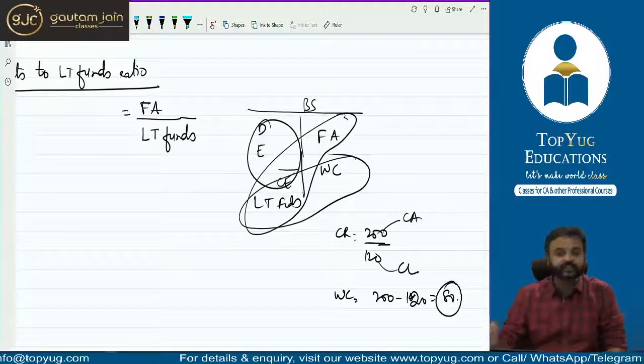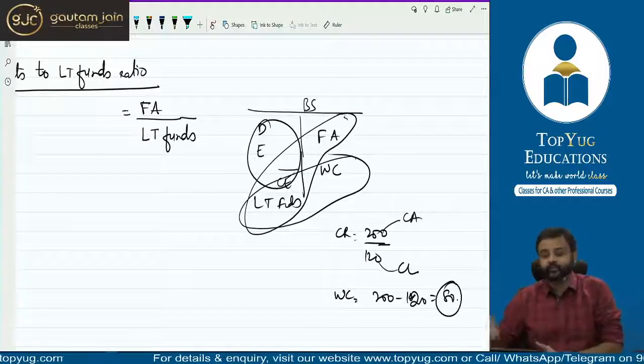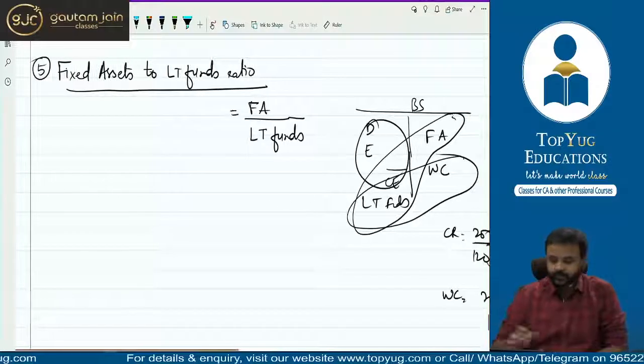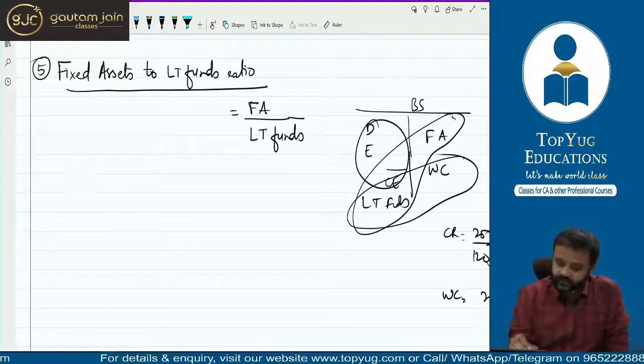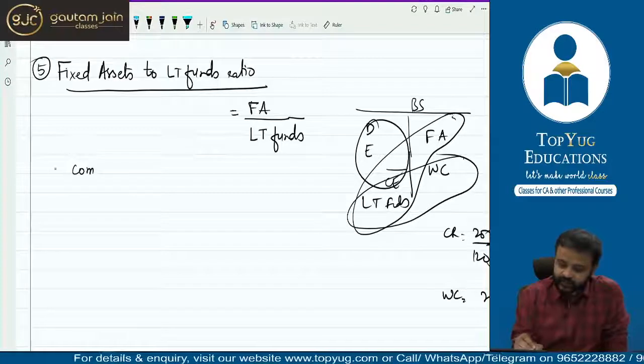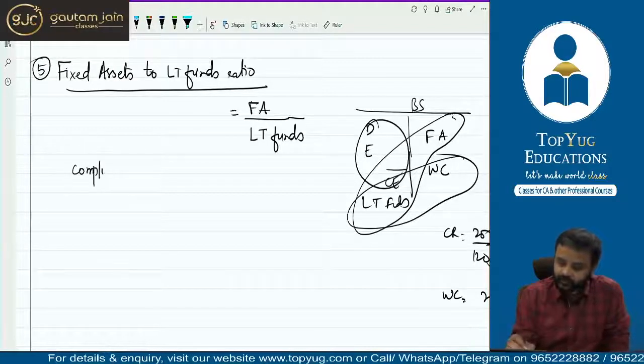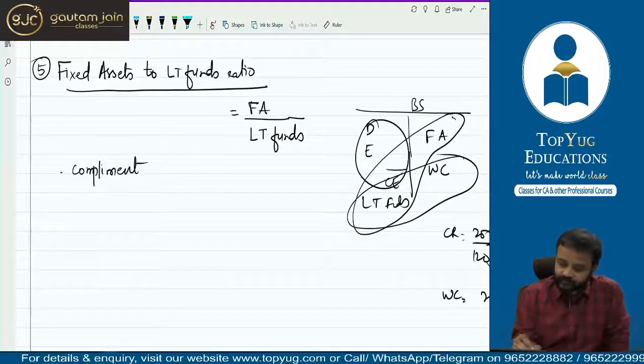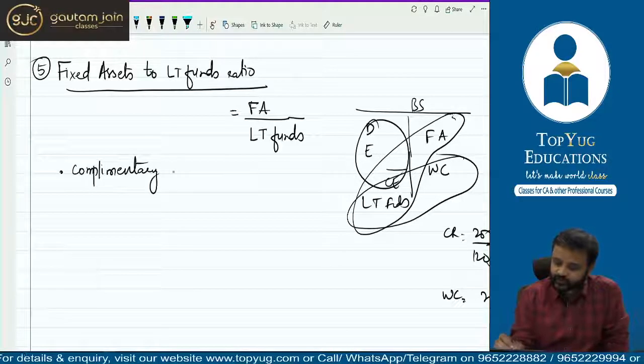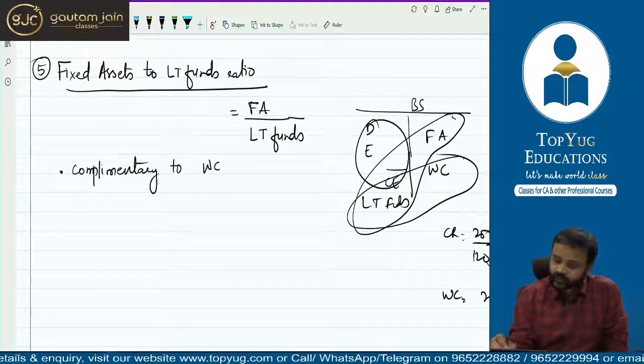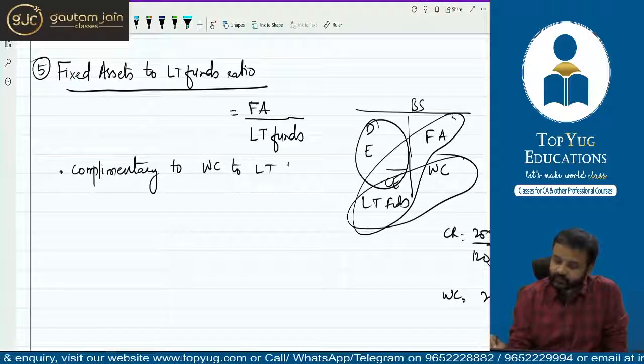So this 80 is nothing but that current asset which has been funded from long-term funds, right? Right, sir. So I can say this ratio is complementary to working capital to long-term funds ratio.